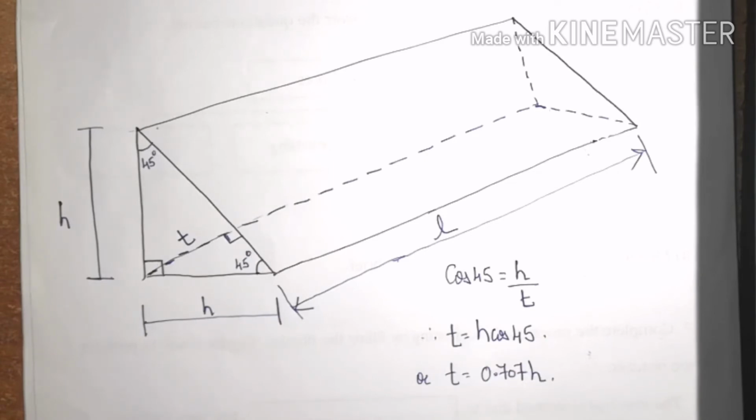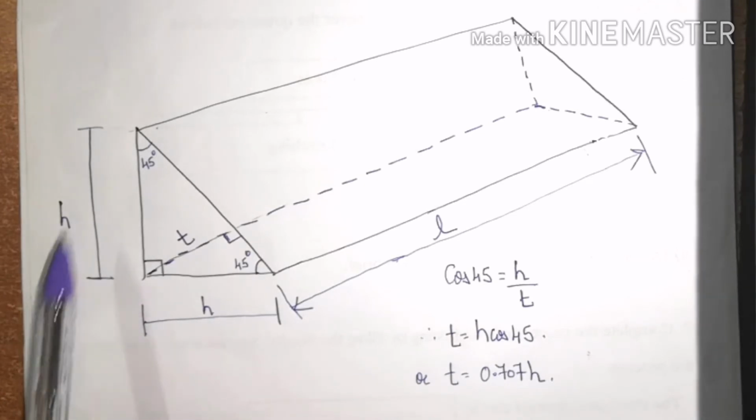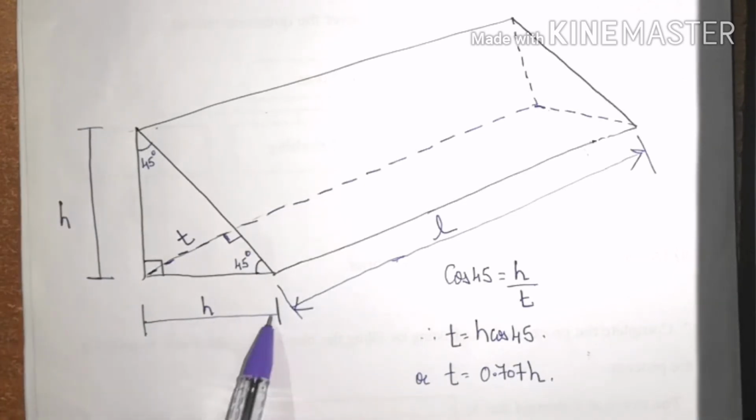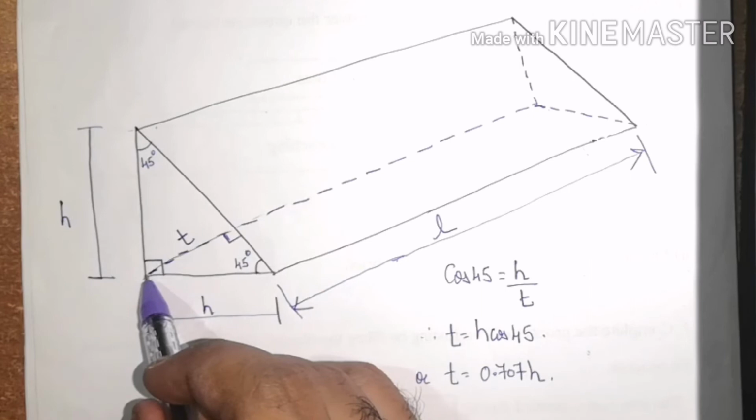Now to understand from which point the actual failure takes place, let us have a look on this diagram. From the basics we know that a component fails from the minimum cross section area. For an isosceles right angle triangle of height h and base h, the minimum cross section area will be at this point.